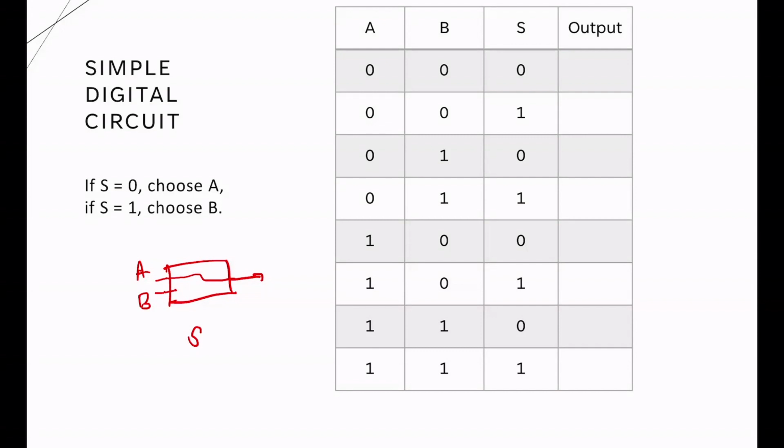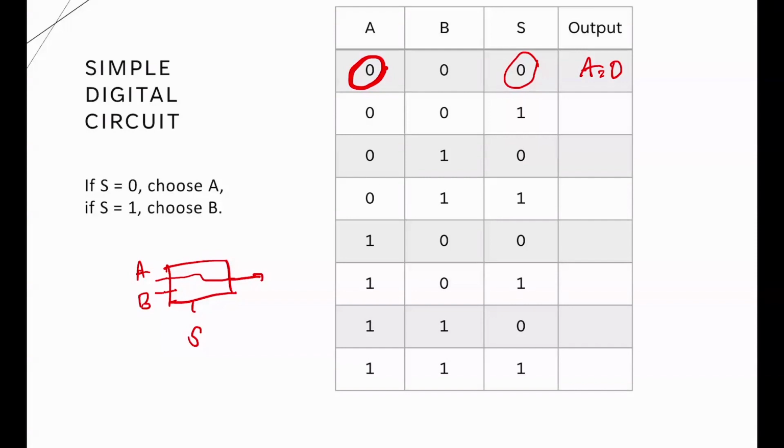So the truth table will have 3 inputs, A, B, and S, and one output. If S is equal to 0, then you let A out, so you put A. Here A is 0, so the output is 0.